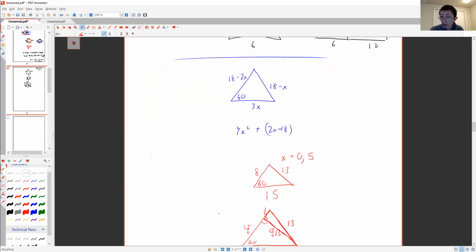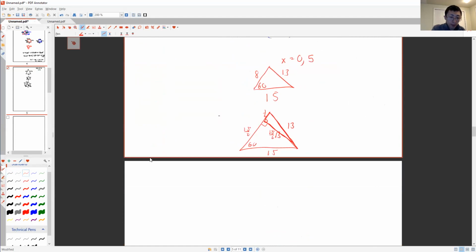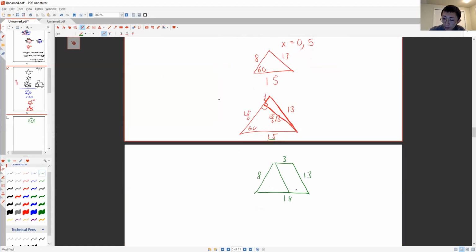Now let's check what happens in this case. So here this is 3 less than 18, so we need to add back 3. So this is 3, 18, 13, and what was that? 8? Yeah. So in this case, we get a equals 3, 8, 13.